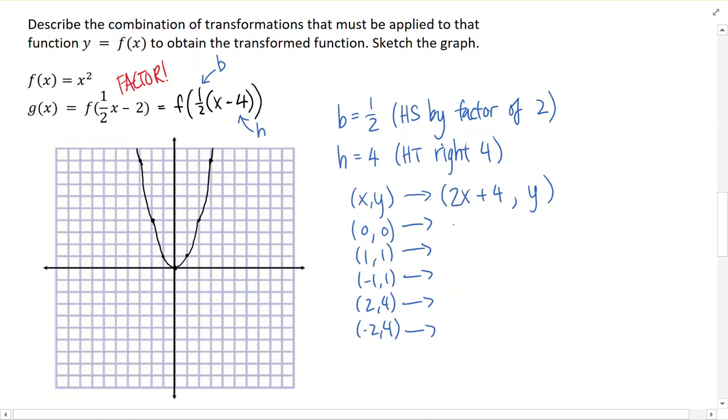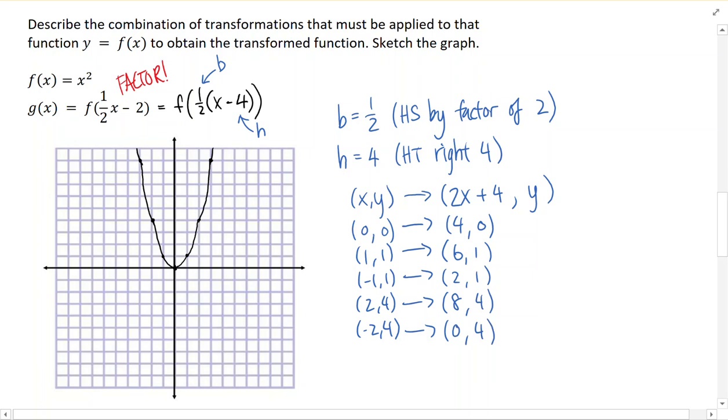So here we have (4, 0). And then next we have (6, 1), then (2, 1), then (8, 4), and then here is (0, 4).